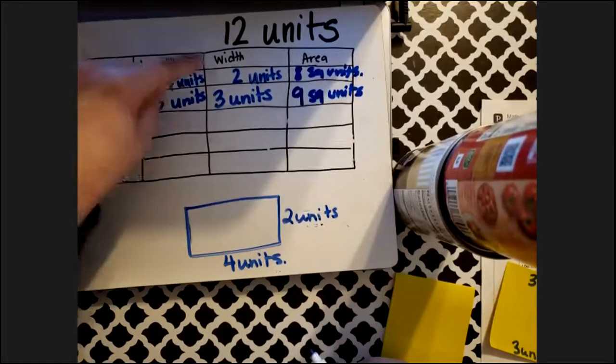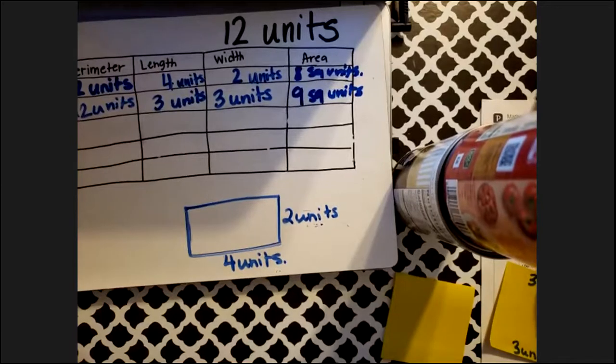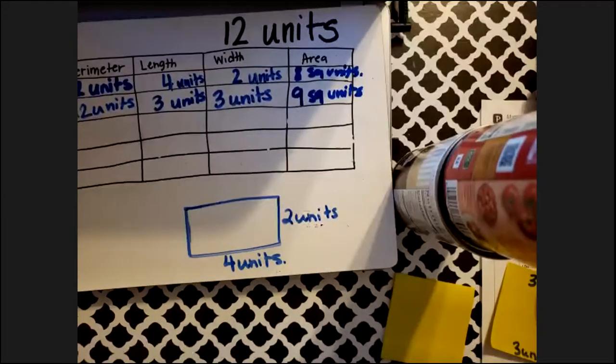If I add 4 plus 2 and 3 plus 3, what's the sum for both of those? Daniela, I saw your hand up. What's the sum for both of these? The sum is 14.